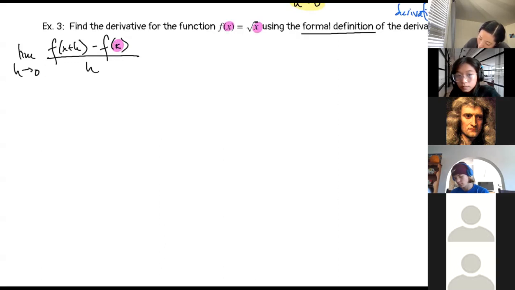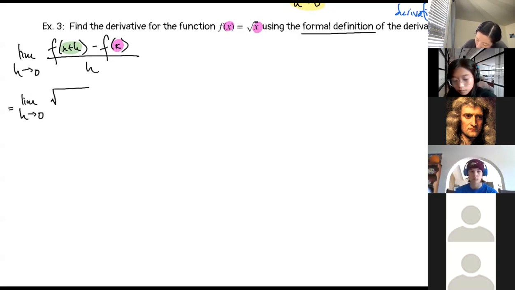And that means that when I try and plug in x plus h, both the x and the h will be underneath the square root. And so we'll get something like this. The limit as h approaches 0 of the square root of x plus h minus the square root of x over h.